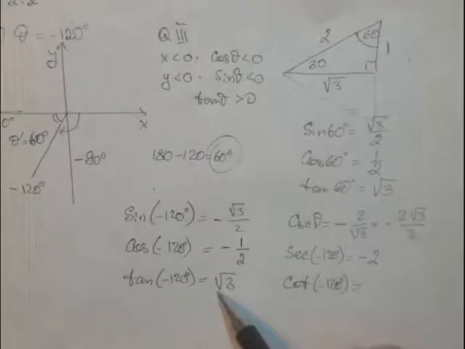Reciprocal of square root of 3, we can represent square root of 3 as square root of 3 over 1. The reciprocal will be 1 over square root of 3, and in a rationalized form we multiply by square root of 3 numerator and denominator and get square root of 3 over 3.